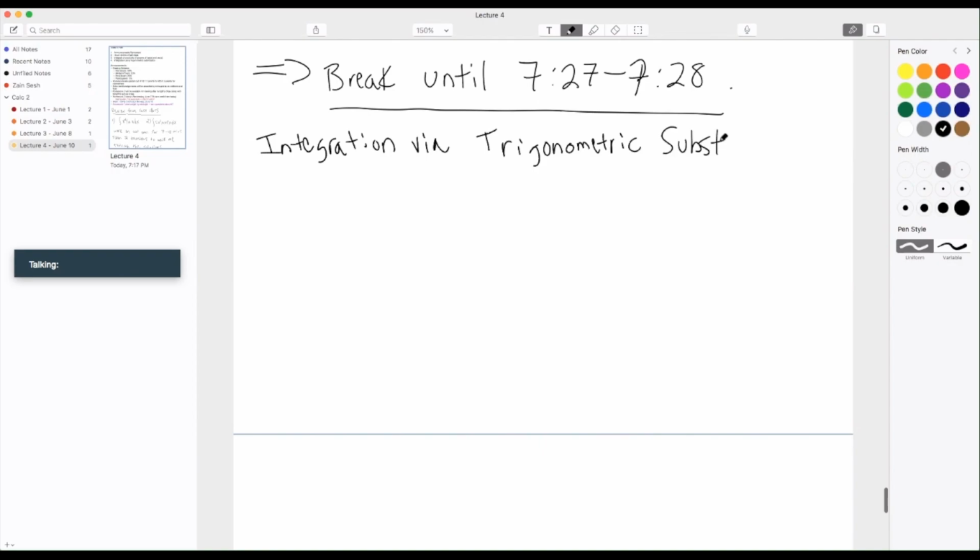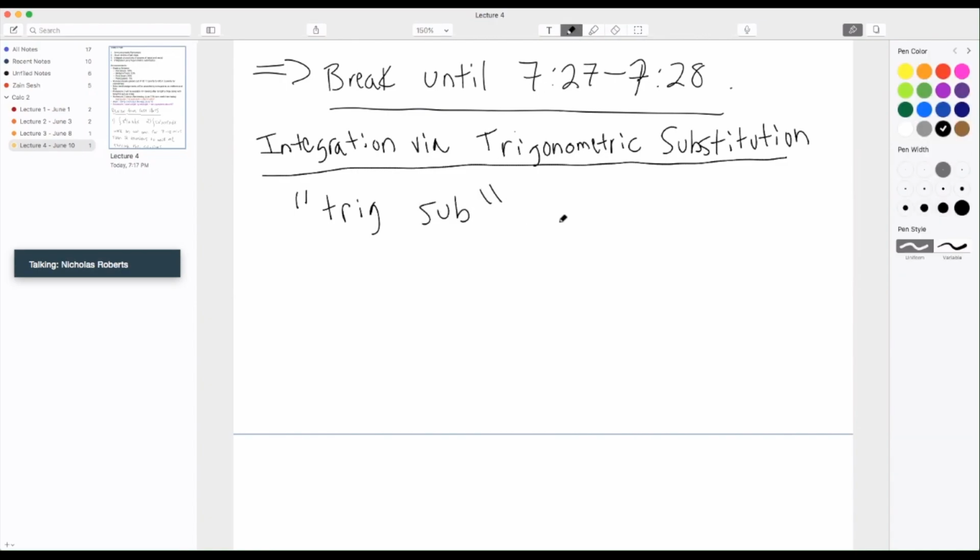I will shorten this by just saying quote unquote trig sub, because it's a mouthful otherwise. That's usually what people or teachers call it.